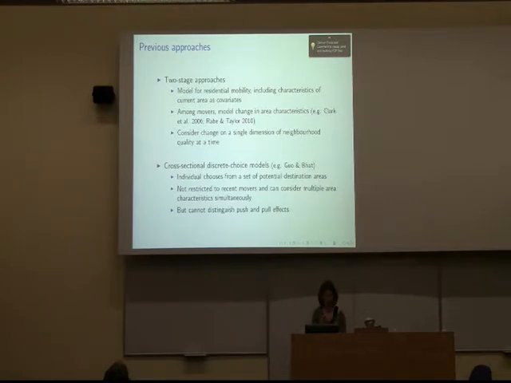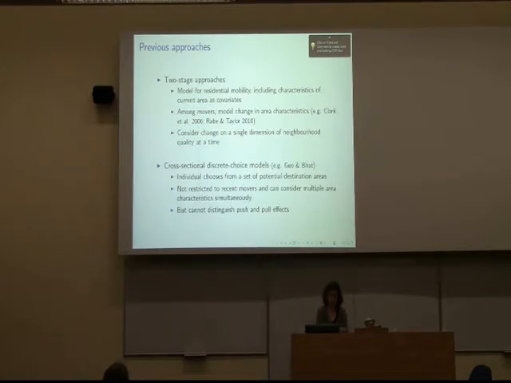Or, as I've mentioned, in that US literature, they look at, say, the proportion of a particular ethnic group in their destination area. Now, the limitation with that approach is that you can only consider one dimension of neighbourhood quality at a time, because that's defining your dependent variable.